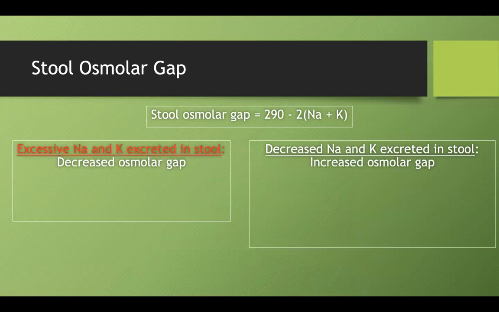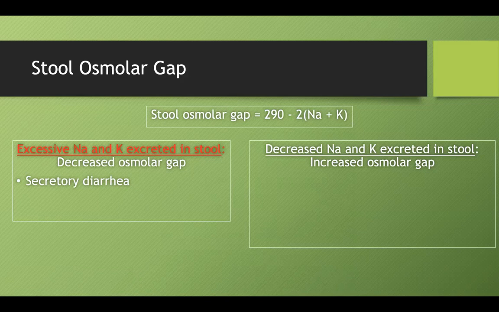So now I want to go back to what I was alluding to and talk about what scenarios would give you excessive sodium and potassium excretion into your stool. Well, that's going to happen in secretory diarrhea. The reason it happens in secretory diarrhea is because, for whatever reason, we'll talk about some of the mechanisms when we go over that Q&A section, your GI cells, your enterocytes, are essentially throwing everything out into the GI lumen.